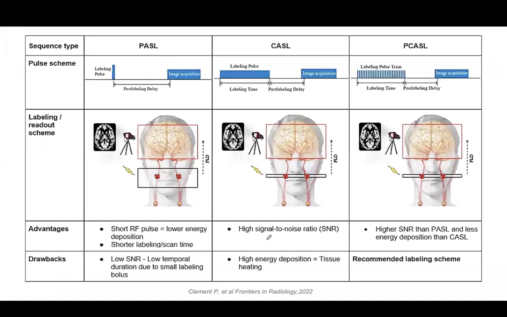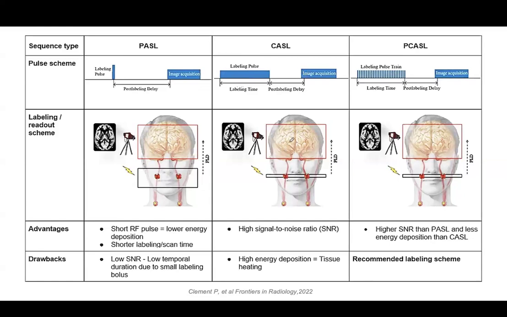There are different types of labeling. In the initial phases, there was pulsed ASL, where one pulse will be given and the image will be acquired. The problem with it is that it had lower energy deposition and lower signal to noise ratio. Then came continuous ASL. They started to give a continuous pulse and took the image.